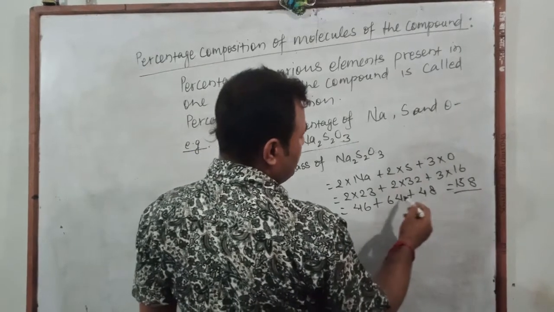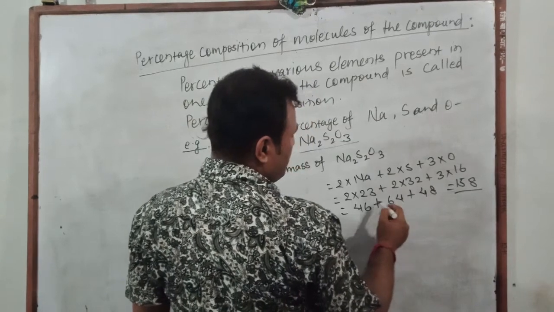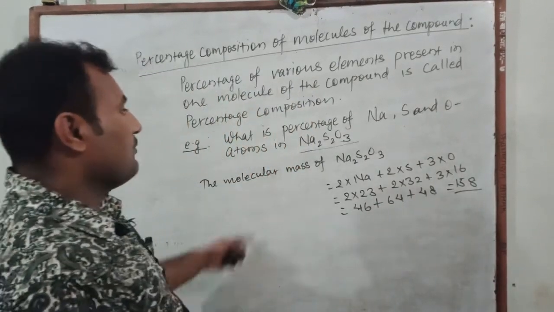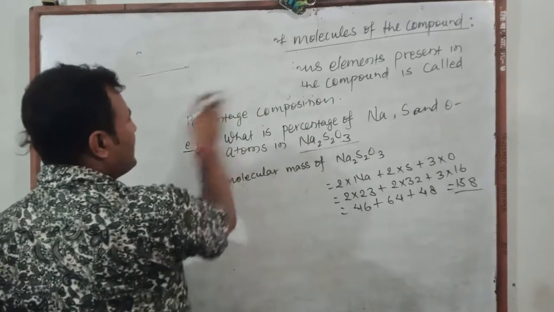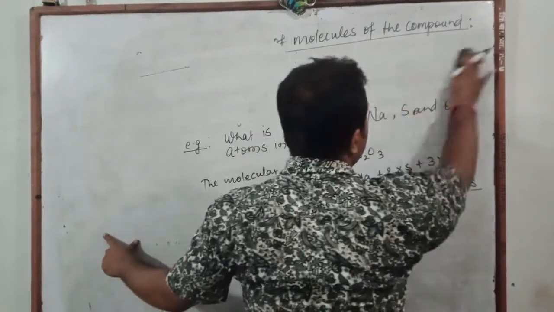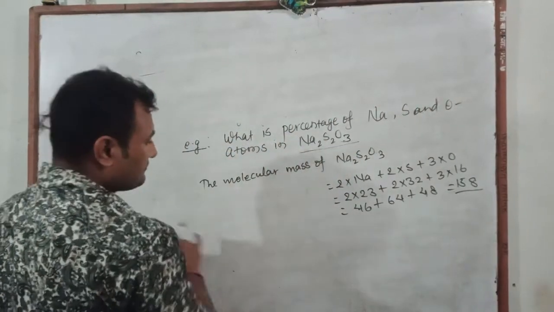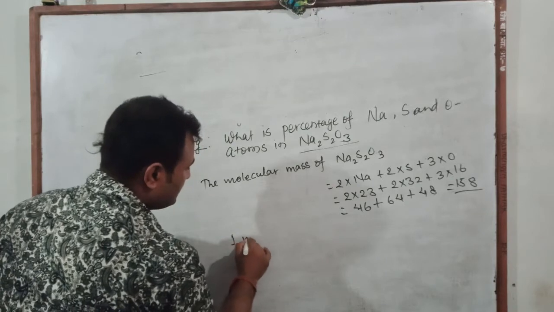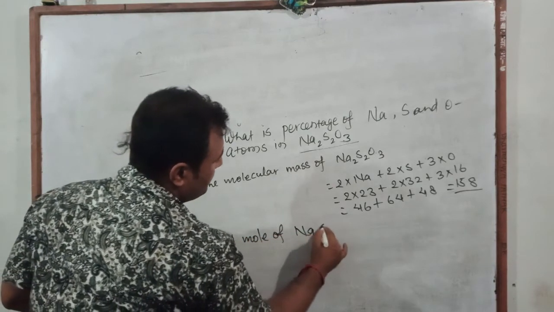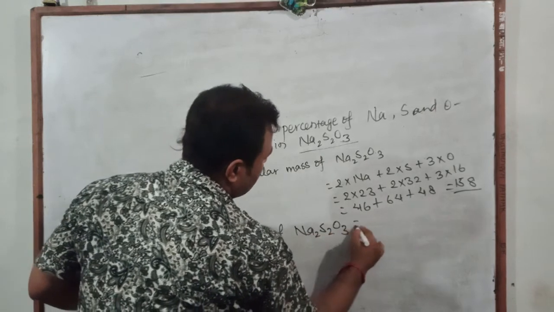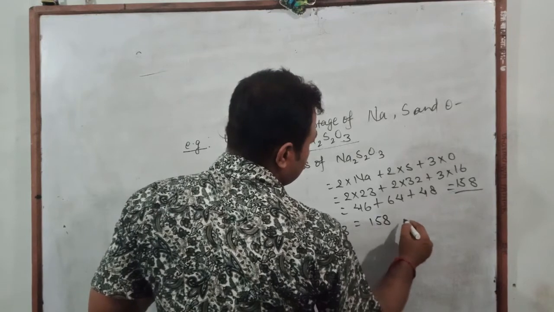And we know that 1 mole of Na2S2O3 has a mass of 158.